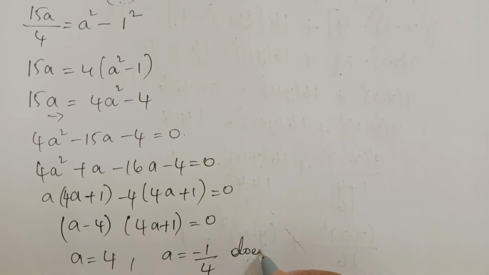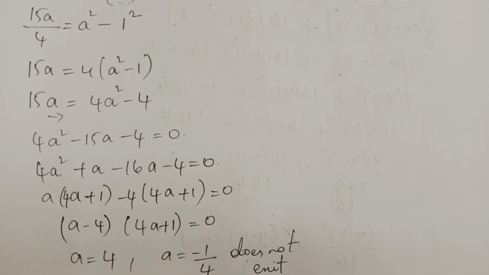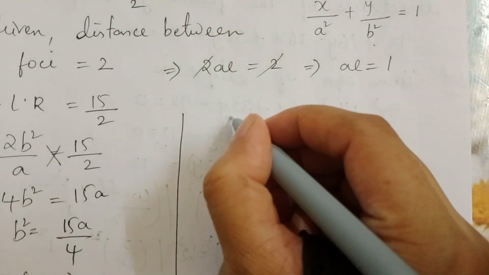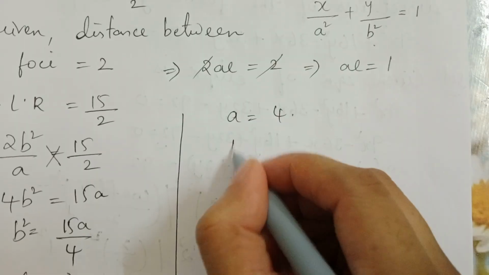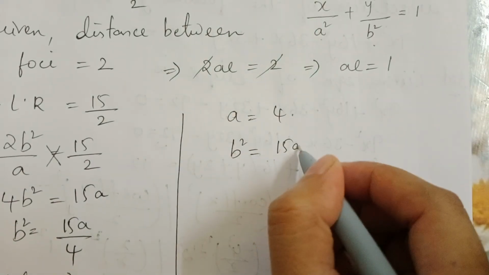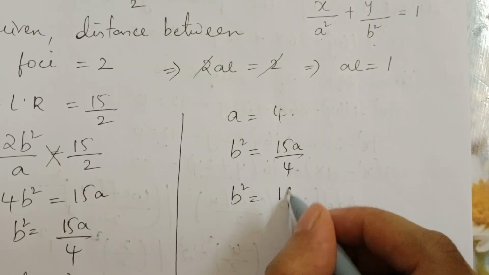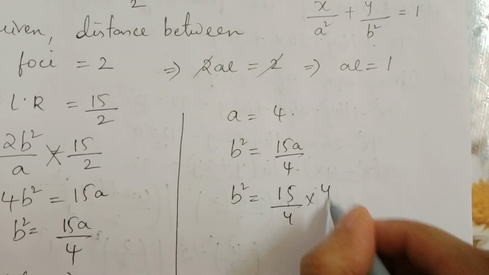So this does not exist. Okay, the fraction and the negative term does not exist. And now we got the value of a as 4. Okay, so a is equal to 4. We know that b square is equal to 15a by 4. So this can be written as b square is equal to 15 by 4 into the value of a.